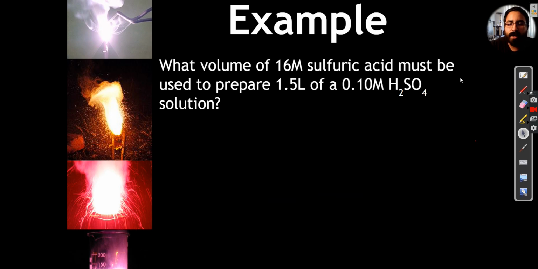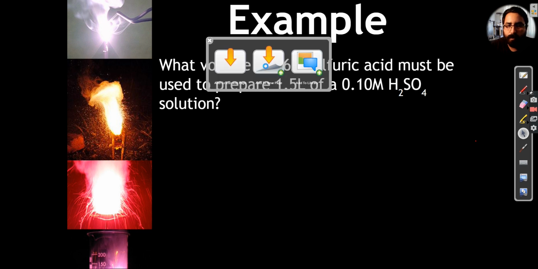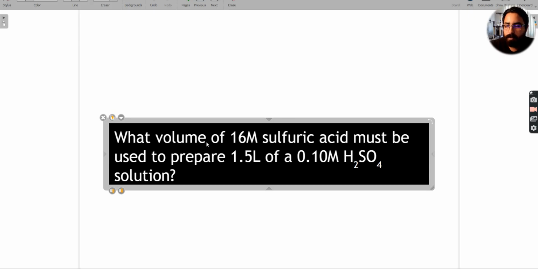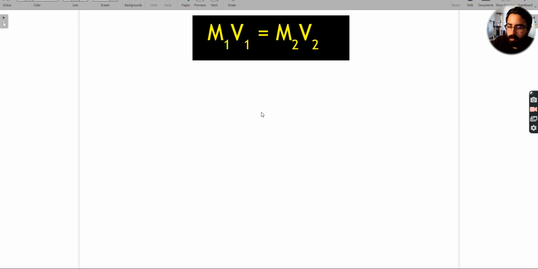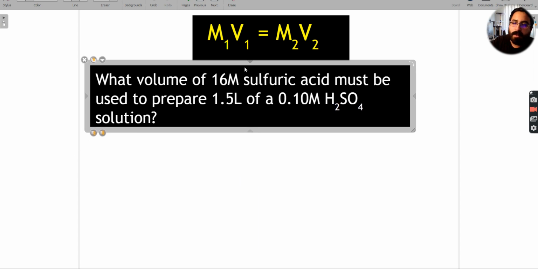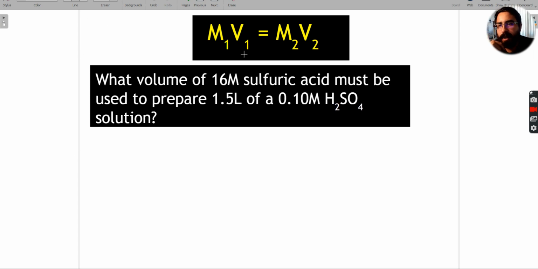So this equation is very, very simple. The M1 and the V1 are your initial concentration and your initial volume. And then your M2 is your second concentration and your final volume. So whenever you multiply molarity times volume, you get moles.